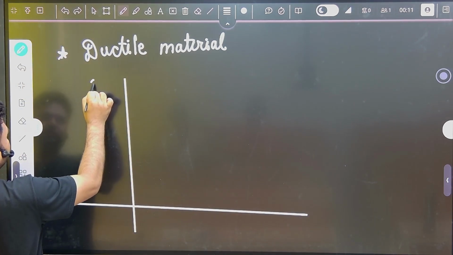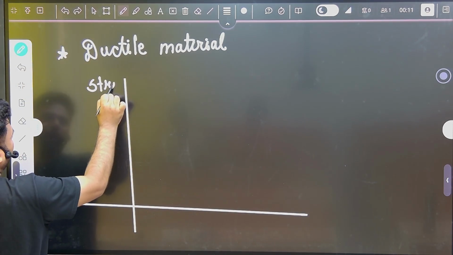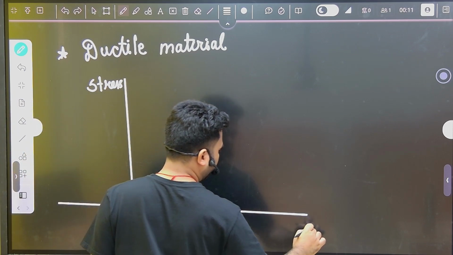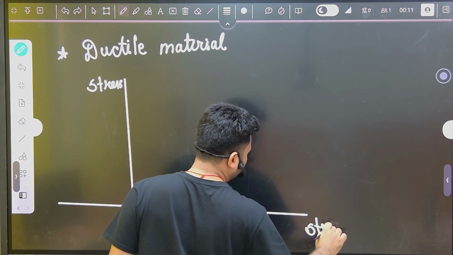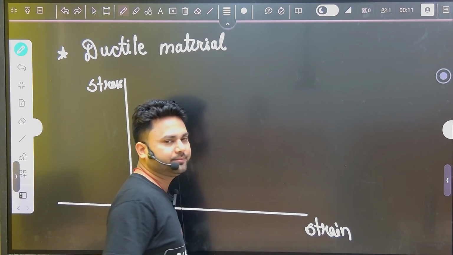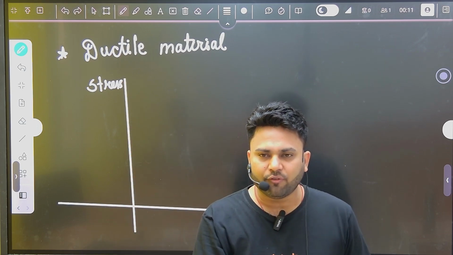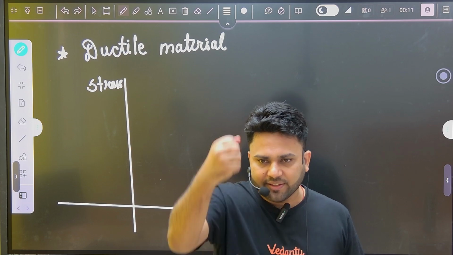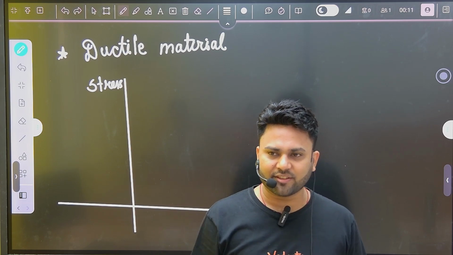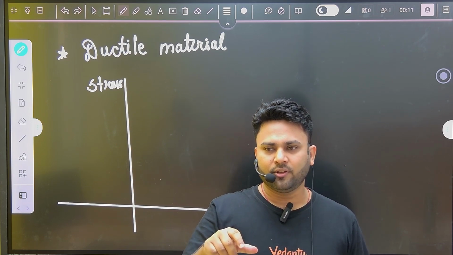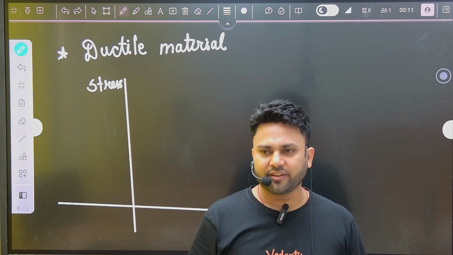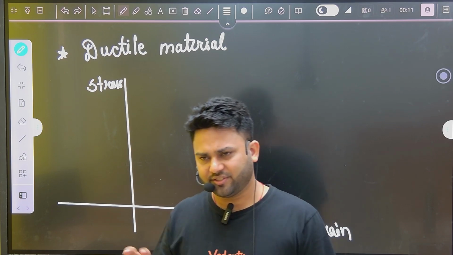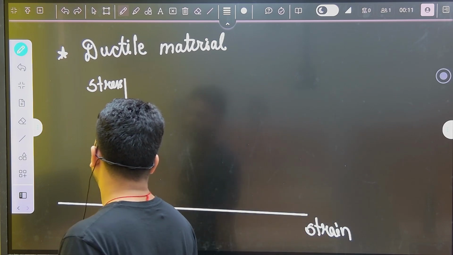This is stress, this is strain. They did the experiment, they increased the value of force. Suppose there was a rod, they are increasing the force, so they are increasing the stress. If they are increasing the force, length will also increase, so strain will also increase. Stress is directly proportional to strain.